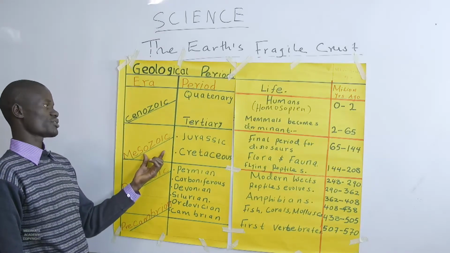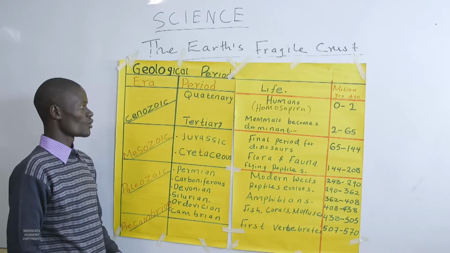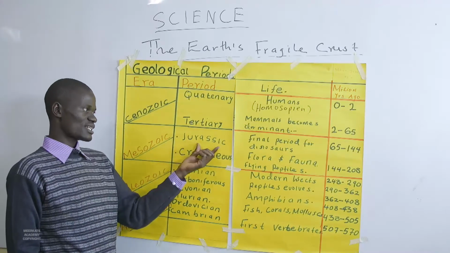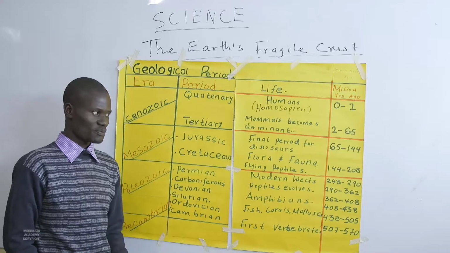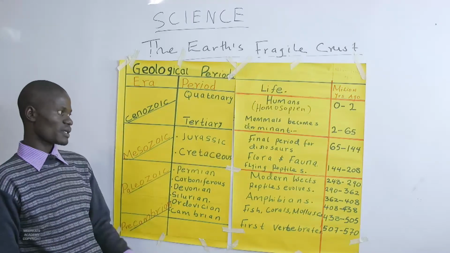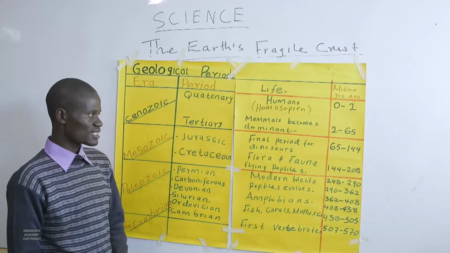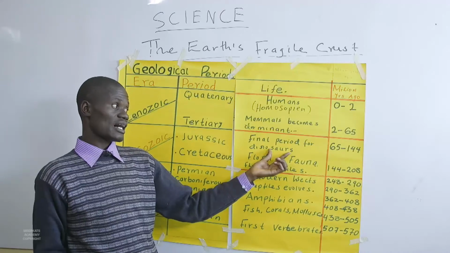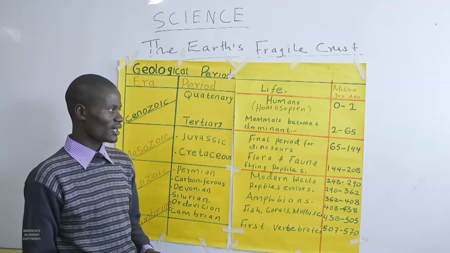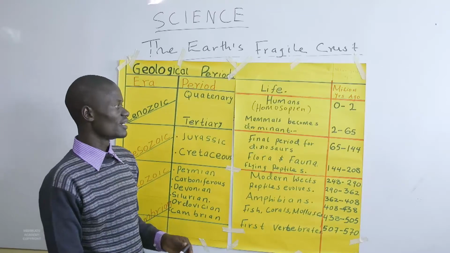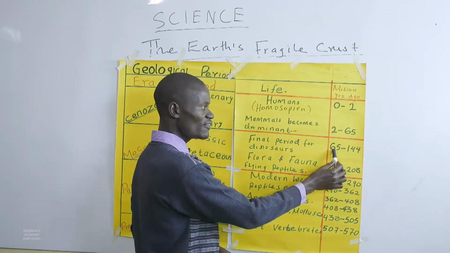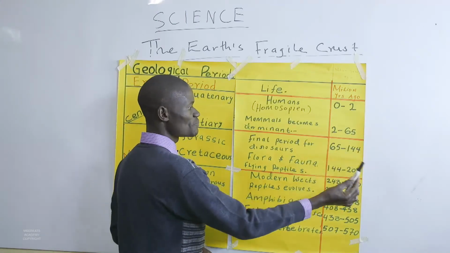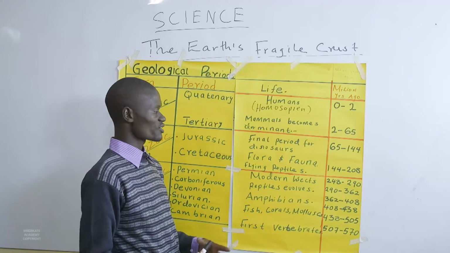When we come to the Mesozoic era, it is divided into two. We have the Jurassic period and the Cretaceous period. During the Jurassic period, the kind of life that was existing was the final period for the dinosaurs. We find that the dinosaur existed around 65 million years up to 144, that is a range between, and then it became extinct.